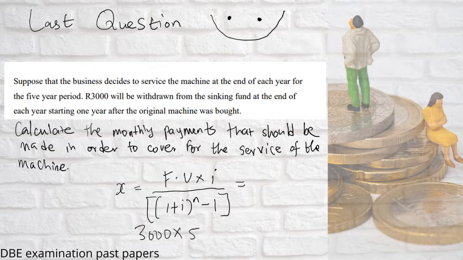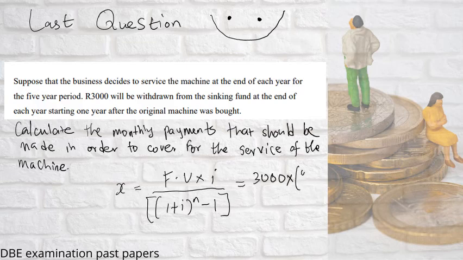But it's really not like this, because if you do this, you'll have to convert the interest from monthly to yearly, because your future value is yearly, and it becomes a whole lot of process. So what you do is just consider that 1 year in which 3,000 is withdrawn. In that 1 year, the future value will just be 3,000.